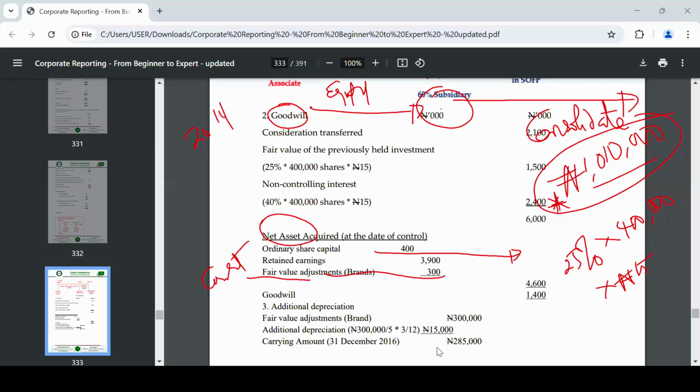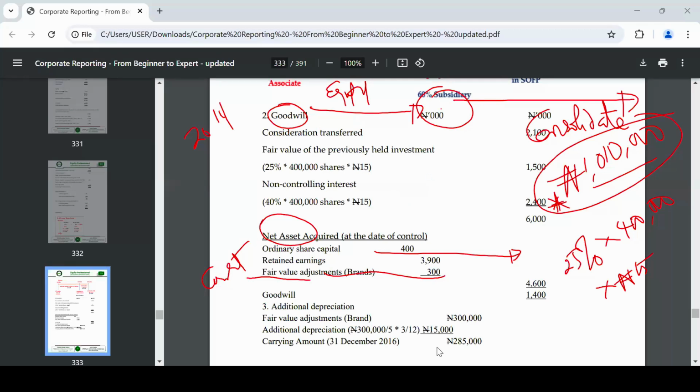Okay, now for me to calculate NCI, I have been told every time you want to measure NCI, you ask yourself, what is the policy? The policy is fair value. Okay, no problem. 40%. How do I know it's 40%? Very simple.